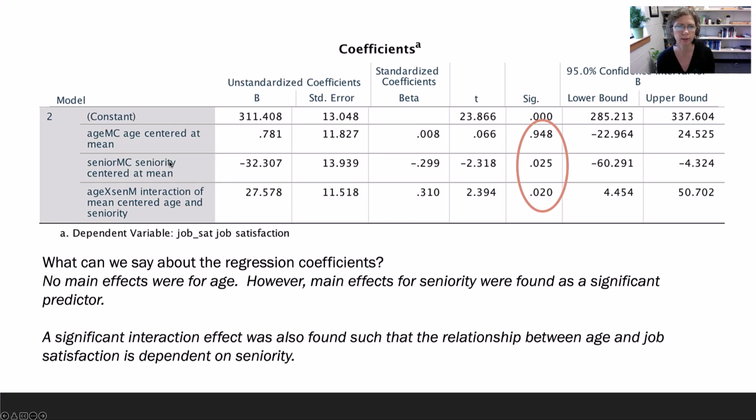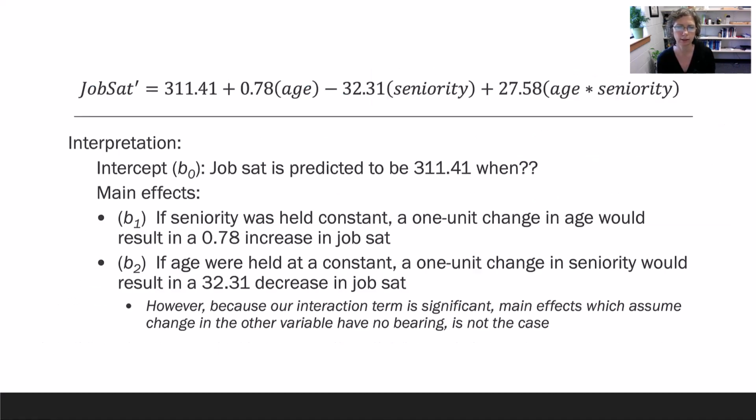So it wasn't similar for all levels of seniority. It was different. That relationship between age and job sat was different depending on seniority levels. So let's take a look at the equation again here.